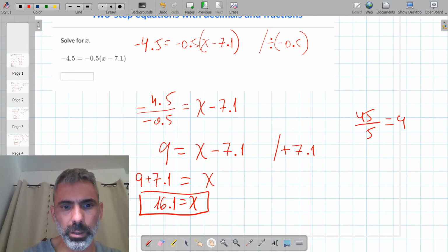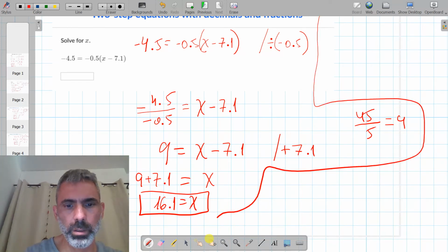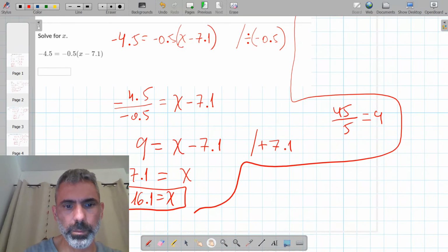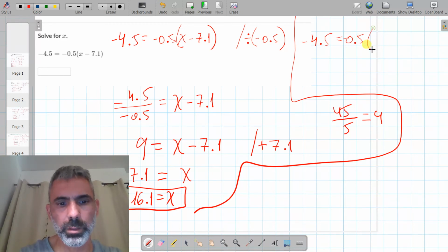Now I need to plug in the result to verify that this is correct. So let's see. I have minus 4.5 equals minus 0.5 times 16.1 minus 7.1.